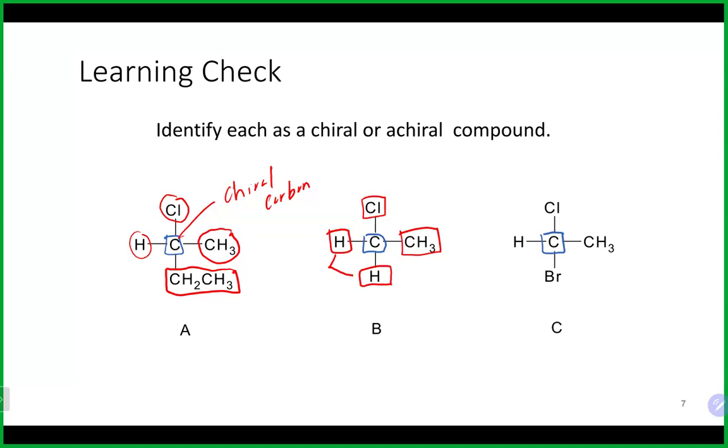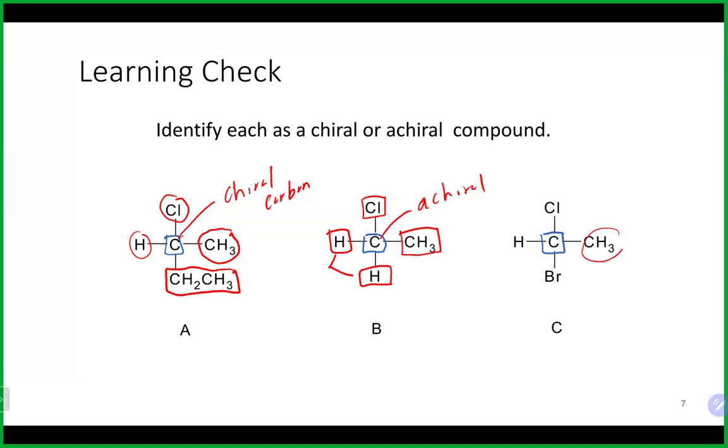So those are two groups that are definitely the same. So we definitely don't have four different groups on that carbon. So this would be an achiral carbon, and it would probably be an achiral compound as well. That means if we took B up to the mirror, we can take its image out and rotate it around and be able to superimpose it on the original.